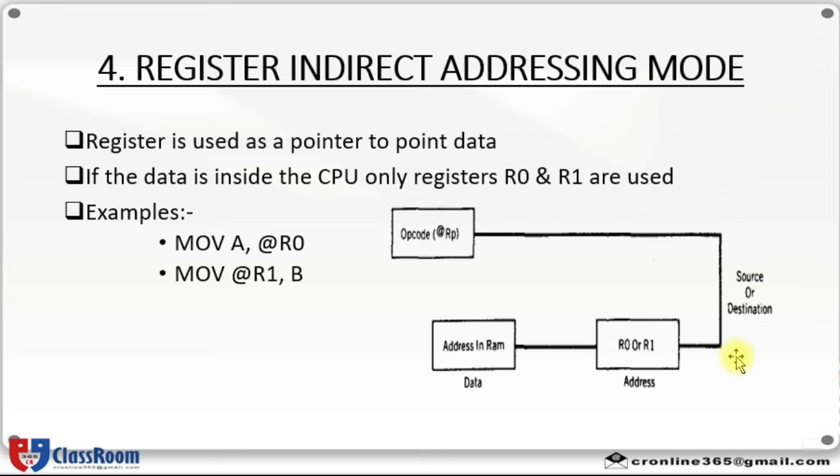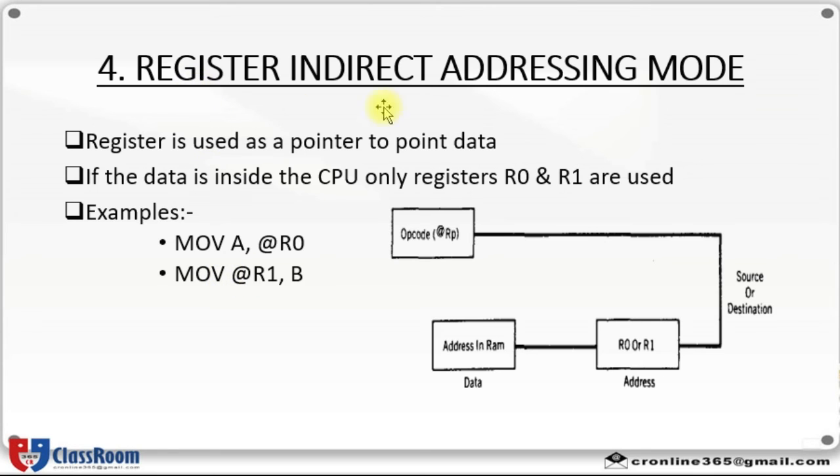That can act as a source or as a destination. Then two registers R0 or R1 can be used, and those registers will be holding an address. That address will be having the data. That data is immediately transferred to the opcode.